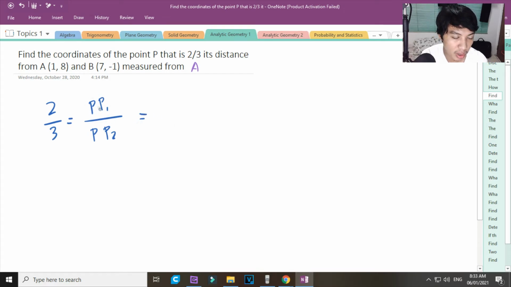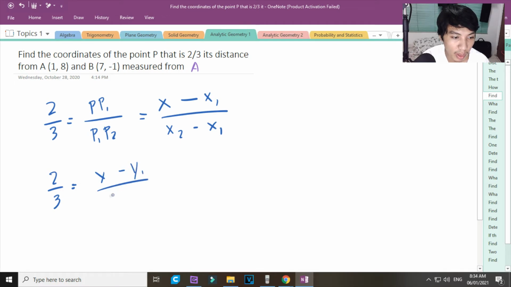What are the coordinates of P1 and P2? Just use them for X first. That is X minus X1 over X2 minus X1. Then for Y, 2/3, the same, so that is Y minus Y1 over Y2 minus Y1.